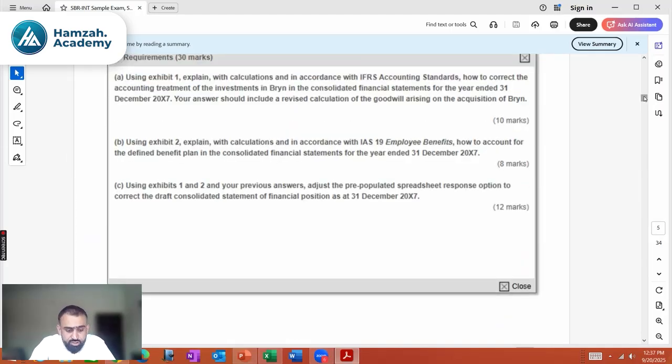Using Exhibit 2, explain with calculation and in accordance with IAS 19 Employee Benefits, how to account for the defined benefit plan in a consolidated financial statement for the year ended 31st December X7. So how should we account for the defined benefit scheme?